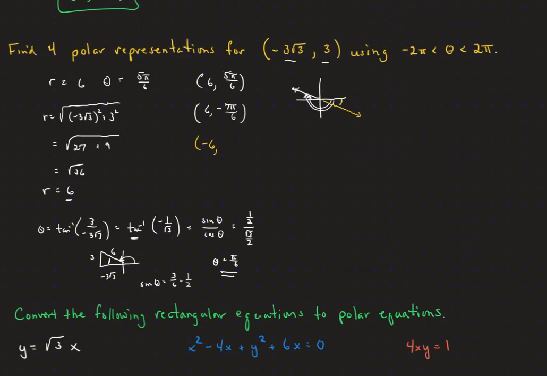We can see our reference angle is pi over 6, so this angle could be a negative pi over 6 to go with our negative value of r, or we could come all the way around this way, which would be 12/6 minus 1/6 would make that be 11 pi over 6. So these are our four polar representations using angles theta between negative 2 pi and 2 pi.